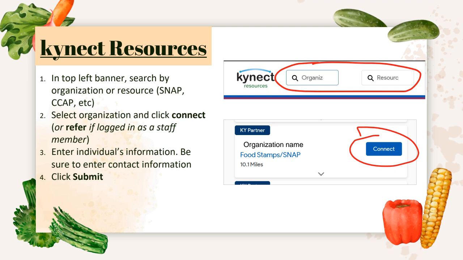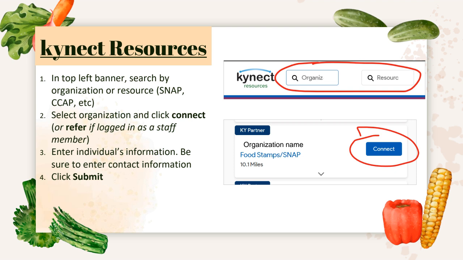You might search for Feeding Kentucky and see what different contacts there are. Or you can search by resource. What they mean by resource here is what type of help you need. So it might be food, it might be legal, it might be housing. You would search by resource if you're looking for the broad strokes topic for what you're looking for.